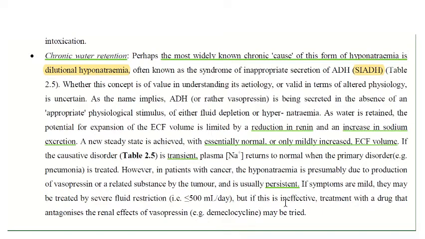But if this is ineffective إذا كان هذا غير فعال treatment with a drug that antagonizes the renal effects of vasopressin. Example هذا اللي قلنا عليه الديميكلوسايكلين may be tried.